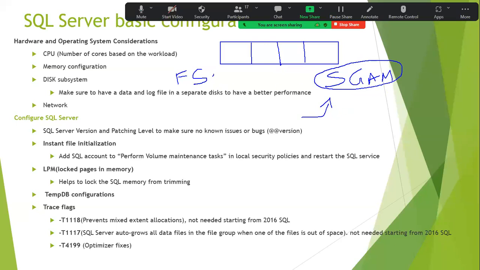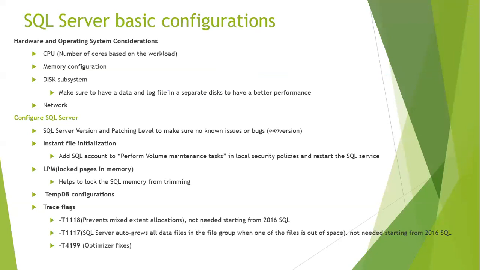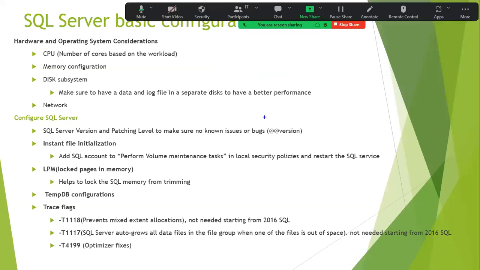It has to identify the page and the extent to allocate to the created table, right? It is expensive because it has to scan the complete SGAM to get the available page and mixed extent. So you will end up seeing some slowness. To prevent that, we enable the 1118 trace flag.